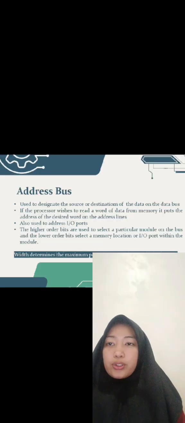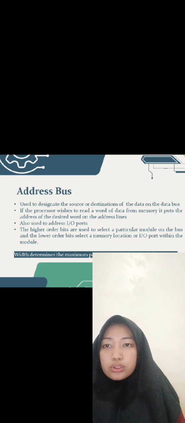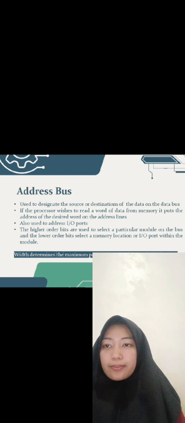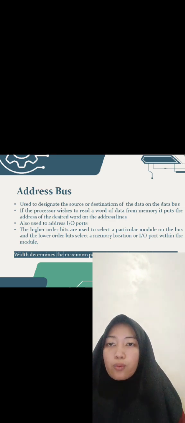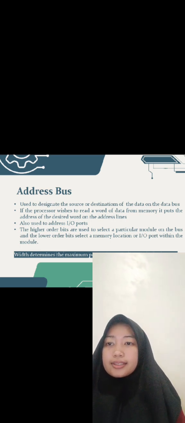Address bus. Used to designate the source or destination of the data on the data bus. If the processor wishes to read a word of data from memory, it puts the address of the desired word on the address lines.